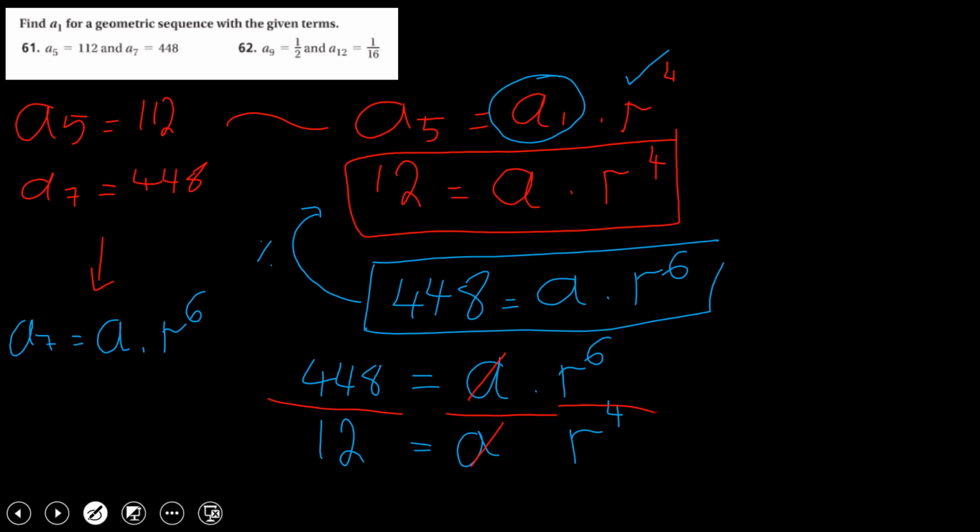Now 448 divided by 112 is 4. I'm sorry, it's 112, not 12. So 4 is equal to r raised to 6 over r raised to 4. It's dividing, so the powers will be subtracted because we have the same base. So r squared is 4. So r is equal to 2.